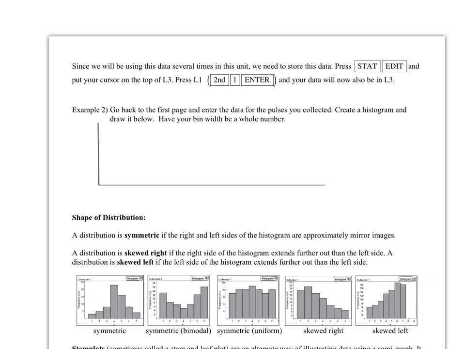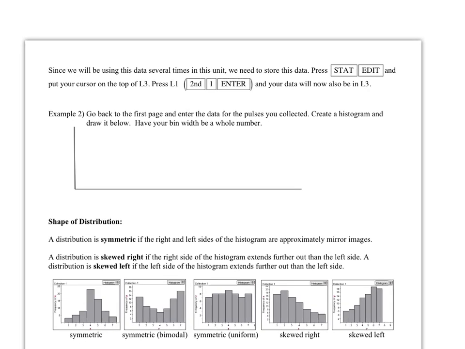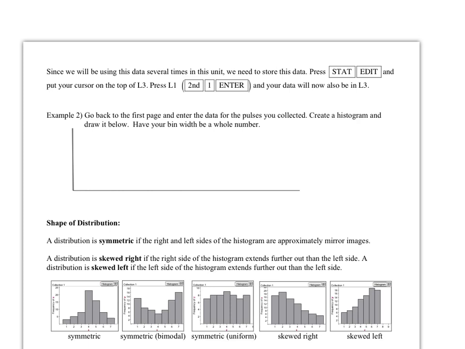There it is. Back to my paper. Get my pen out of here. And we're going to try to draw this here. So I am going to try to draw it in this grid here.